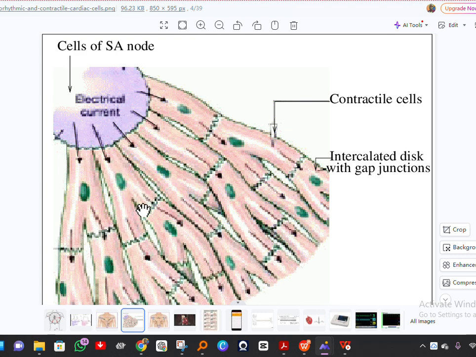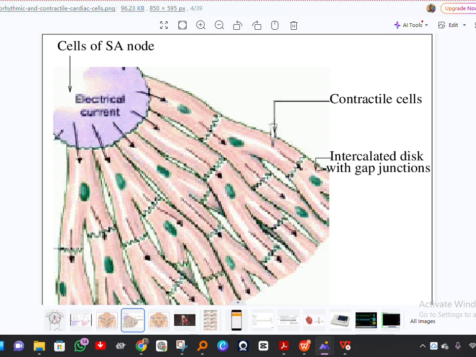And you know that these cells are connected by gap junctions, meaning the sodium ions that have entered through this cell can spread to the next cell, and to the next cell. So the wave of depolarization will flow through the cells of the atria as they are connected.